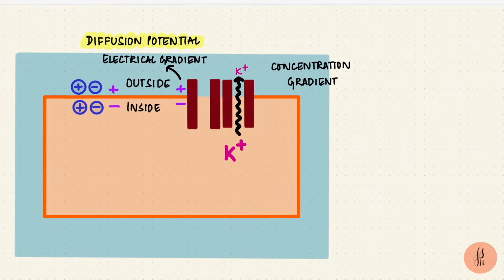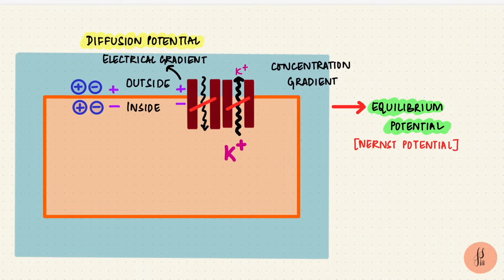Potassium is a positive ion, so the ions would move from more positivity to lesser positivity along the electrical gradient. The direction is opposite, but at some point these two will balance and cancel each other out. The ion stops diffusing and is at electrochemical equilibrium. The potential at which this happens is the equilibrium potential, also called the Nernst potential.